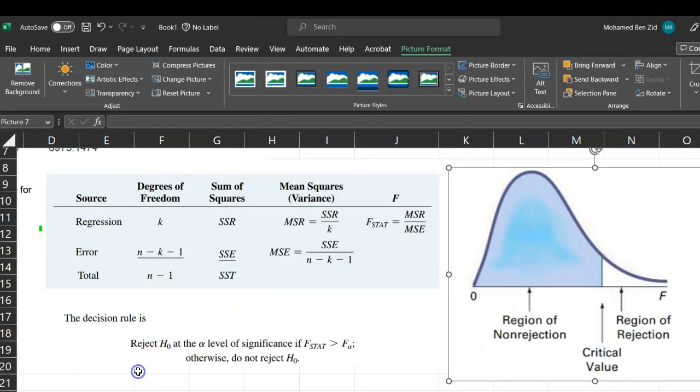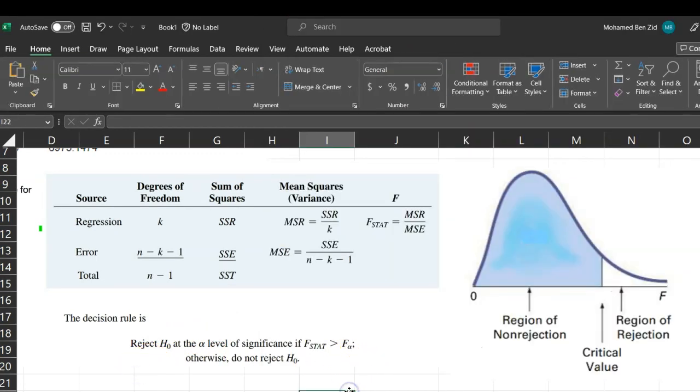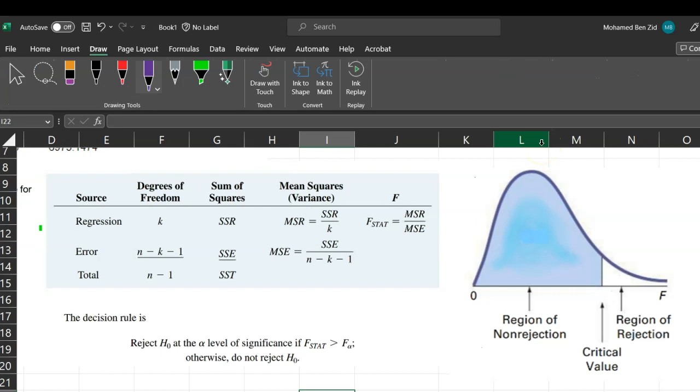Let me explain what's going on. We know that alpha is 0.1. Alpha is always a probability, so it is an area. The point that ends the alpha area is called the critical value, or F alpha.